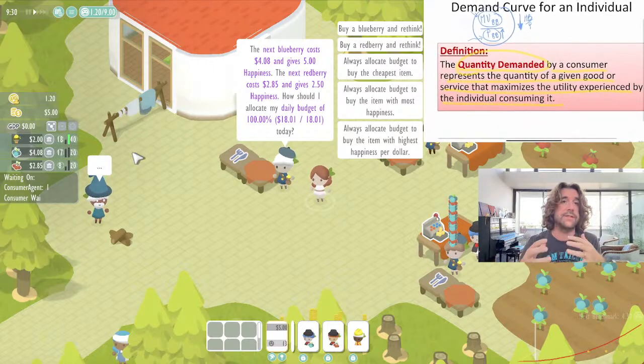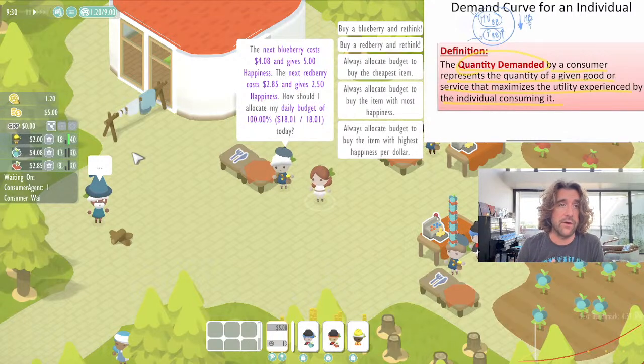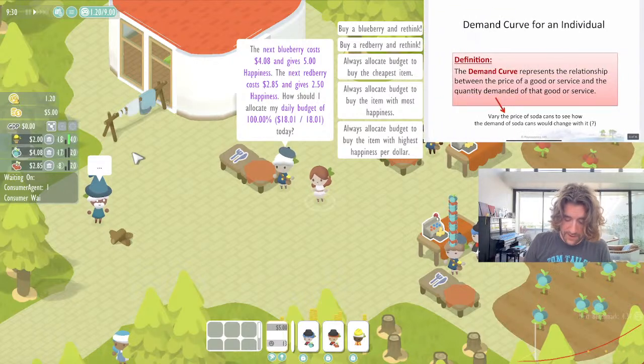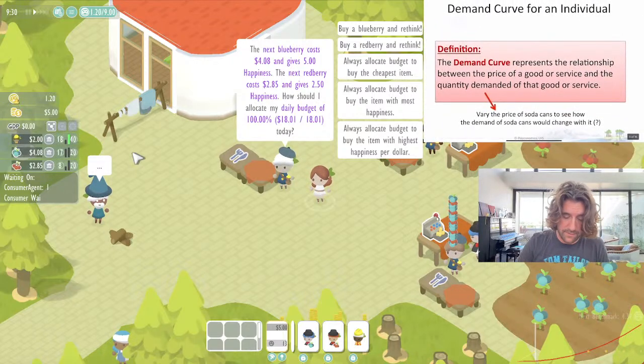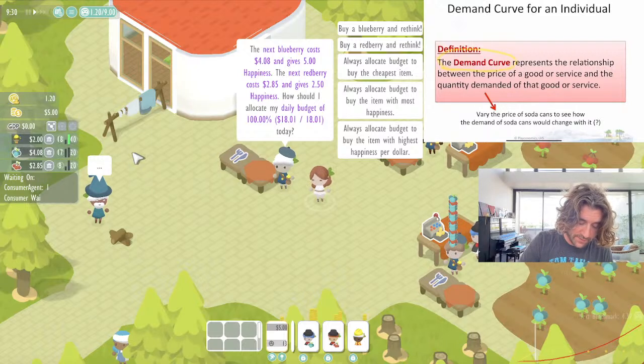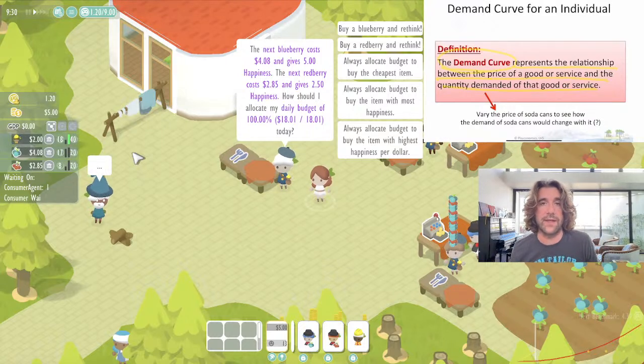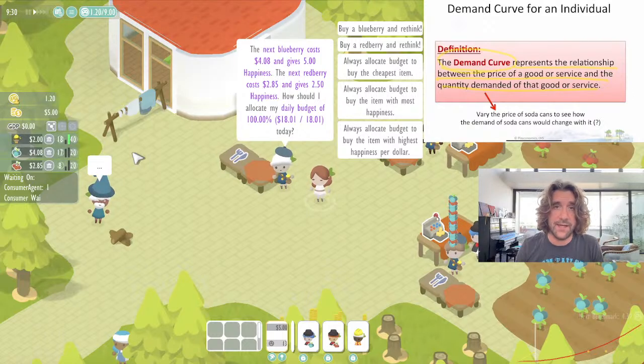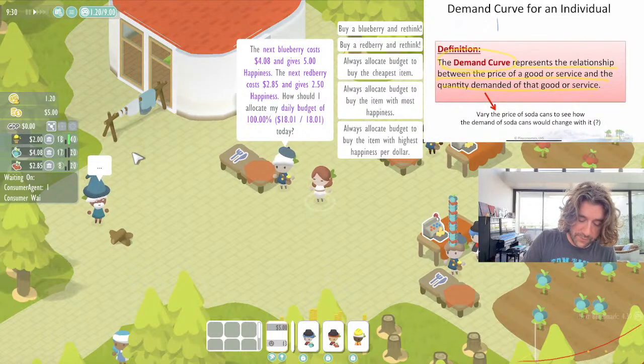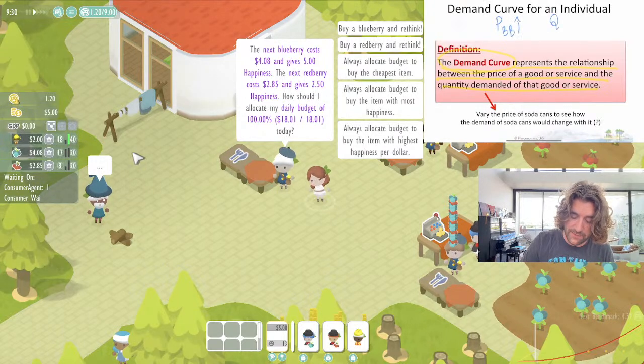And this is the first step to understand what we mean by quantity demanded of a good that is produced in the economy. Very well. This is leading us straight into the concept of demand curve, which represents the relationship between the price of a good or service and the quantity demanded of that good or service. As we were saying here, as the price of a blueberry goes up, it's natural that the quantity demanded of blueberries goes down.